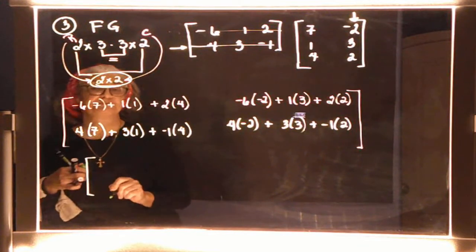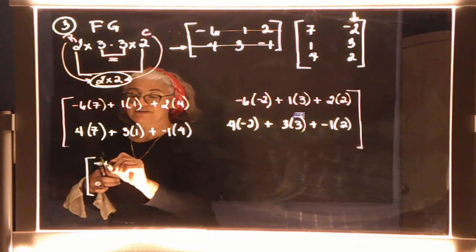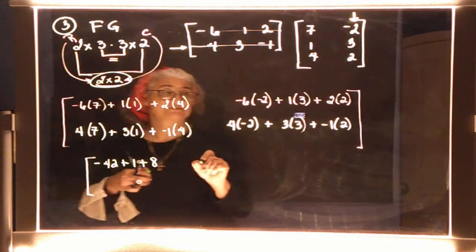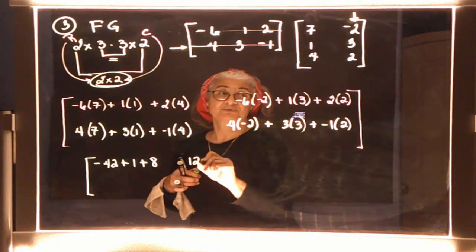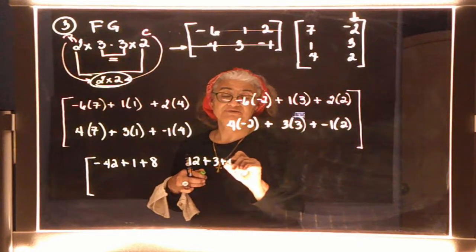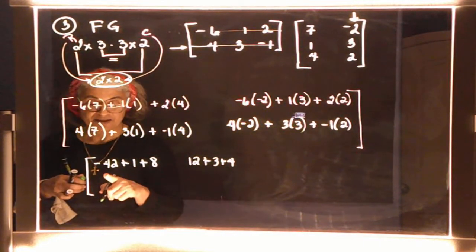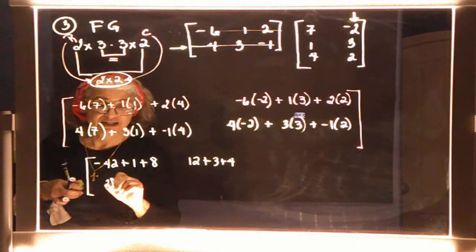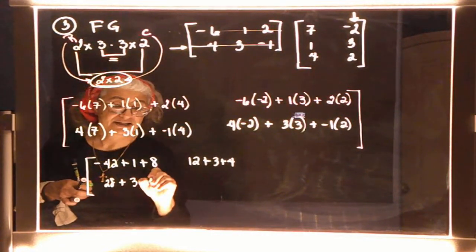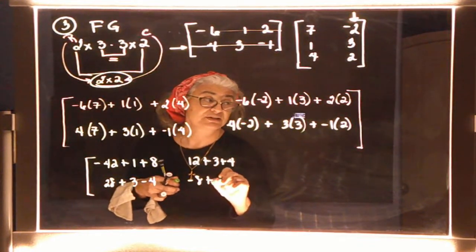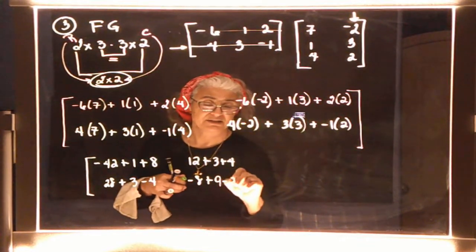So let's check it out. So what do we have here? Negative 42 plus 1 plus 8. Now it looks like we have a 12 plus 3 plus 4, right? And then it looks like we have a 28 plus 3 minus 4. And over here we have a negative 8 plus 9 minus 2.